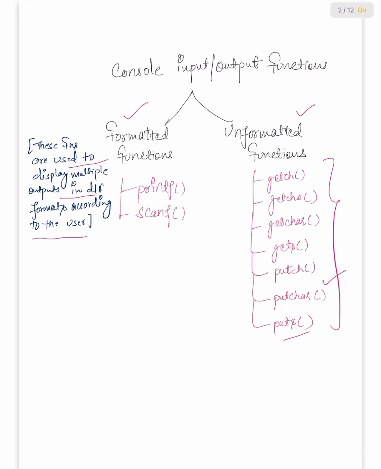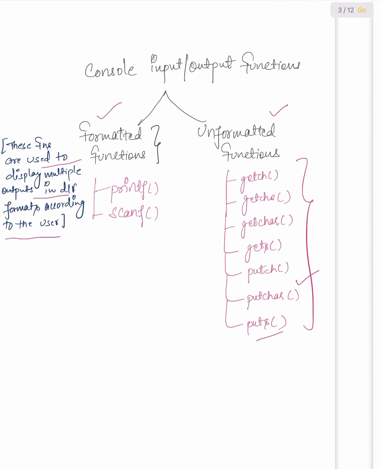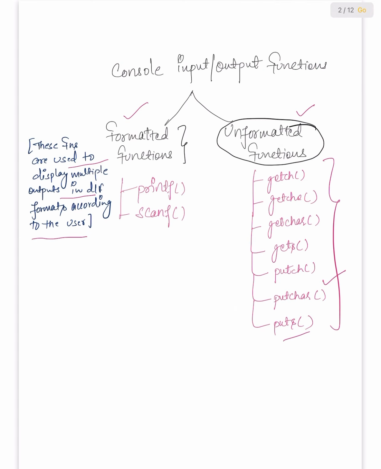But in case of formatted functions, we can display any type of input according to the user need with the help of format specifiers. So that is the difference between formatted and unformatted functions. Today in this video we will focus on unformatted functions.